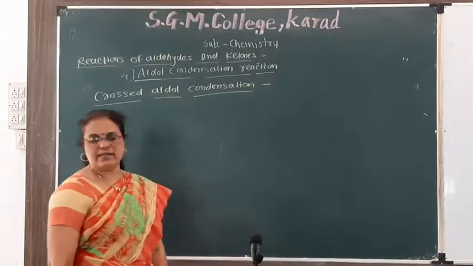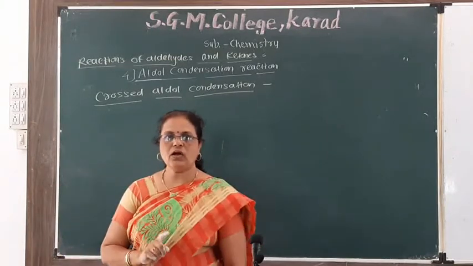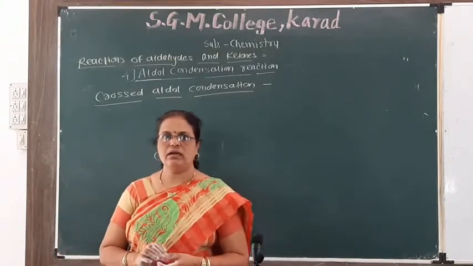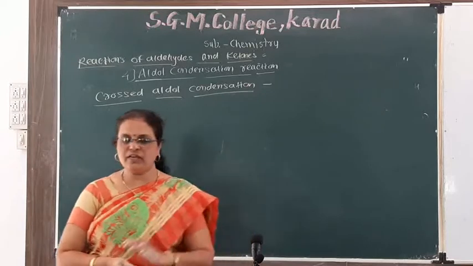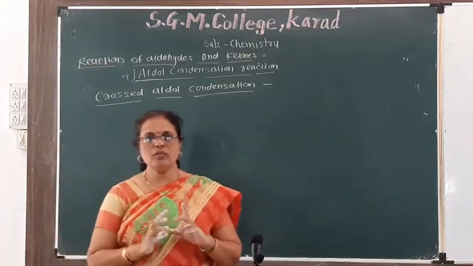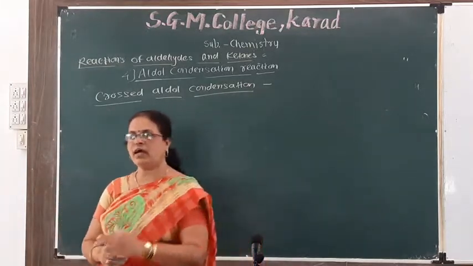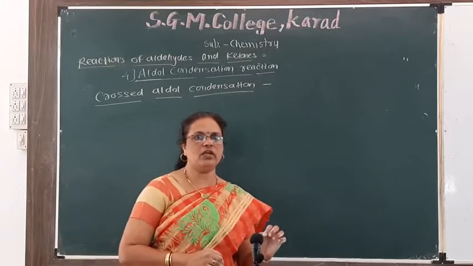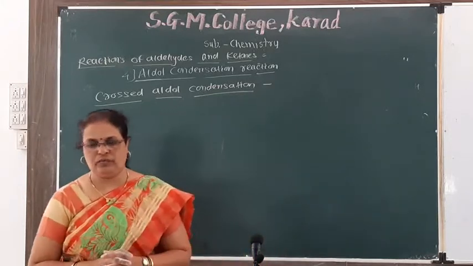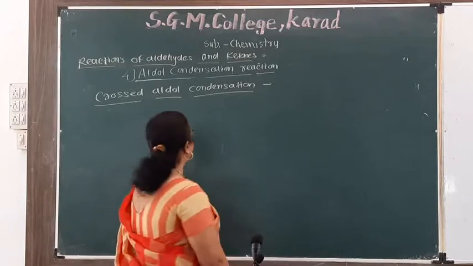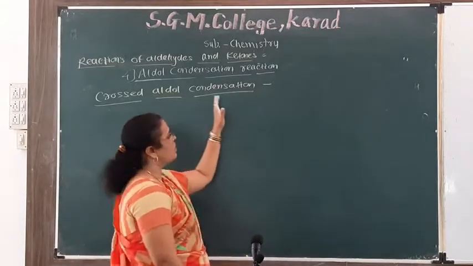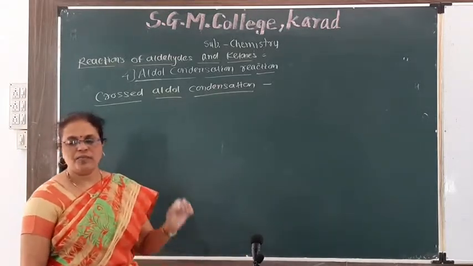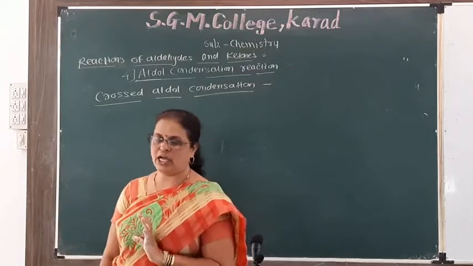Crossed aldol condensation means an aldol condensation reaction takes place between two molecules of different aldehydes or two molecules of different ketones. Then this is called crossed aldol condensation or mixed aldol condensation.